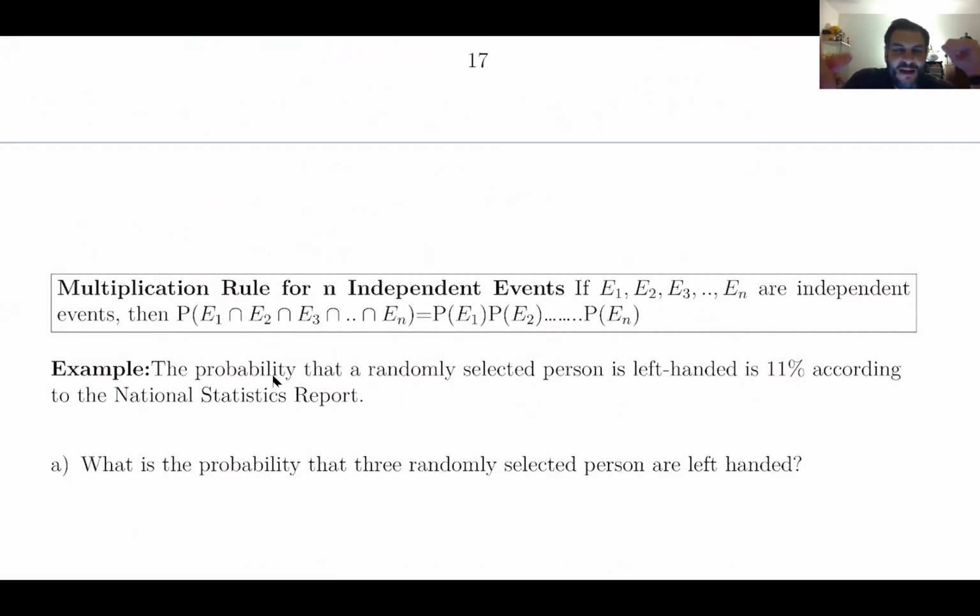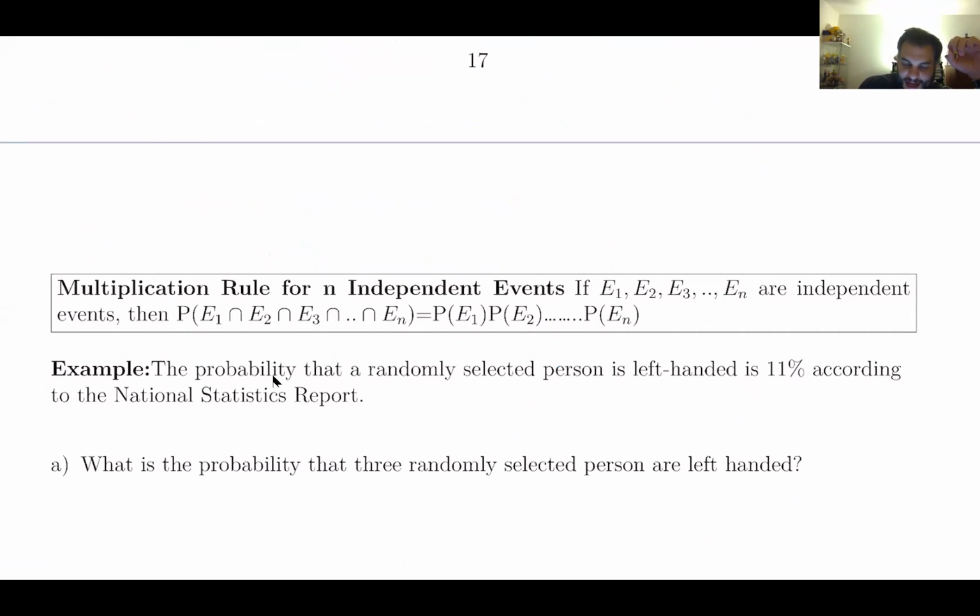So what this next formula is saying, depending on how many independent events, if we want to find the probability of all of those events occurring, all we have to do is get those individual probabilities and multiply them times each other.